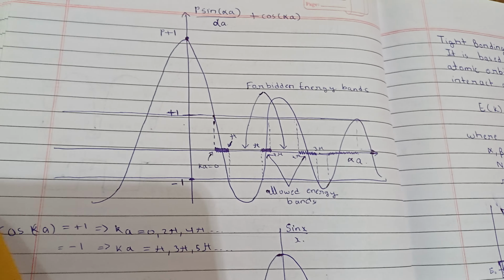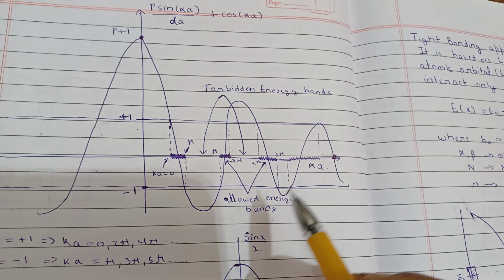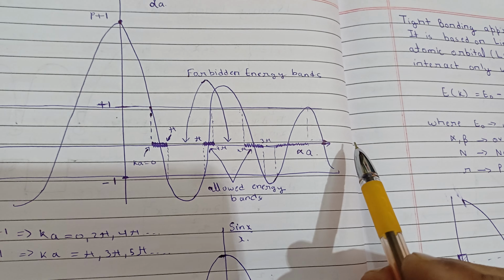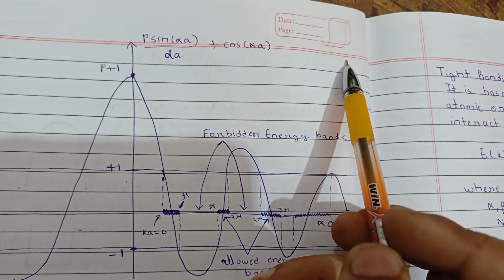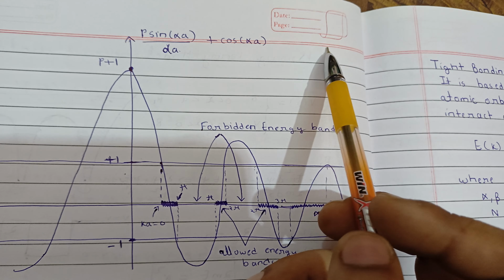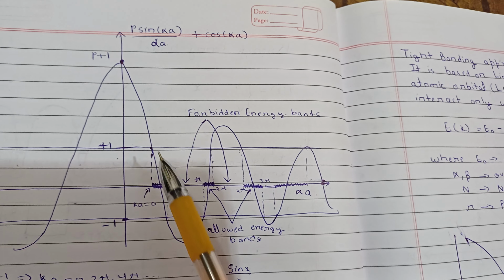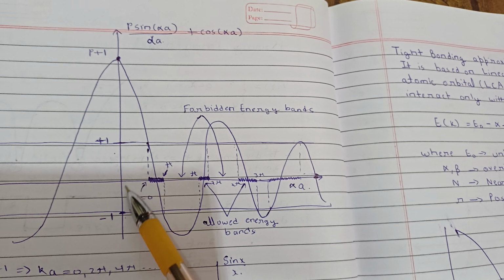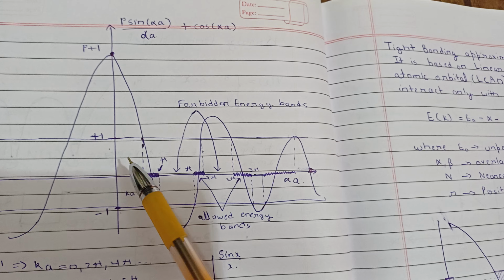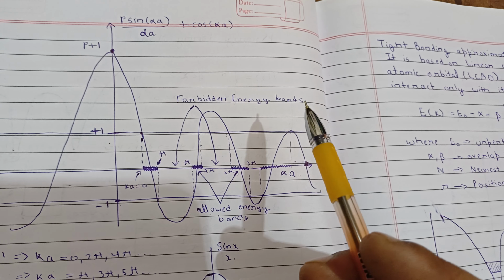Okay, same on the left hand side. Now this x-axis denotes the energy, and this should be equal to cos Ka, and cos Ka can exist between plus 1 and minus 1. So only when the energy is in this range can the electron exist, otherwise it can't exist.